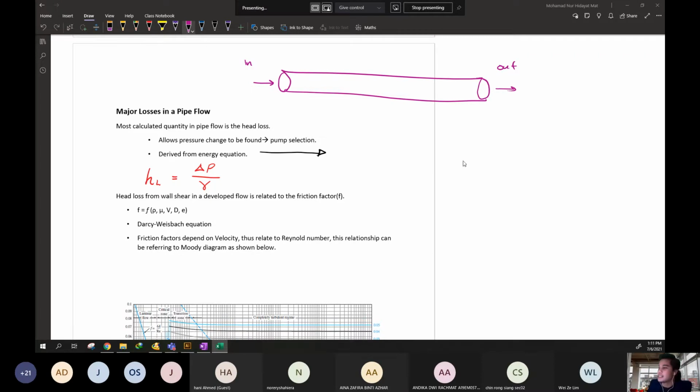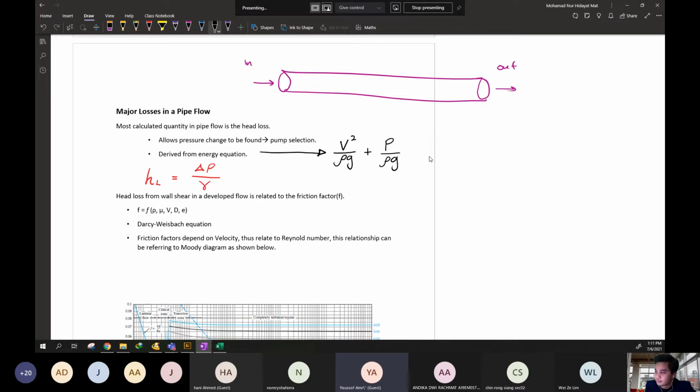What's the correct energy equation? P1 over rho g plus V1 squared over 2g. P over rho g.